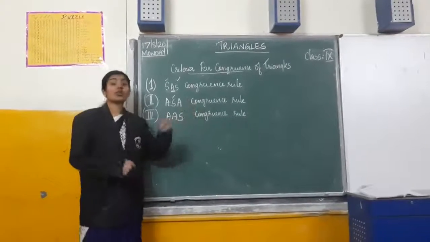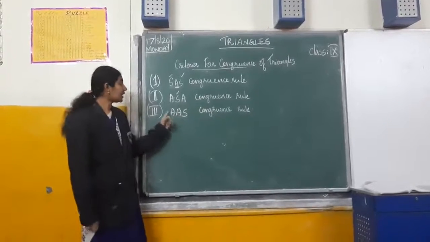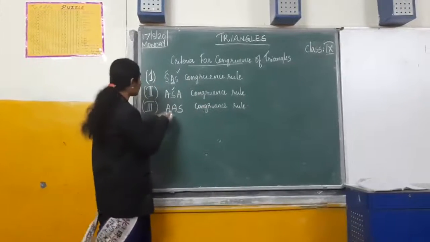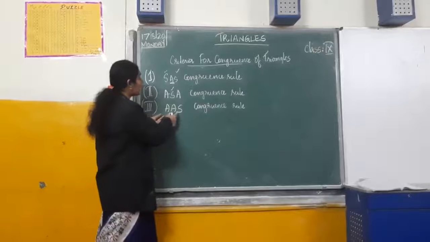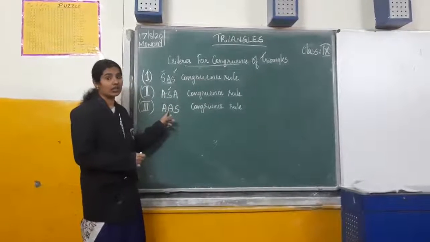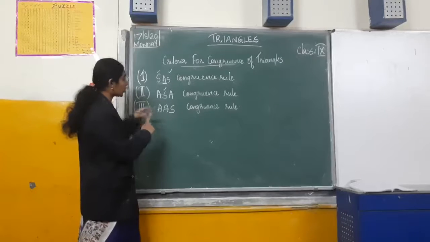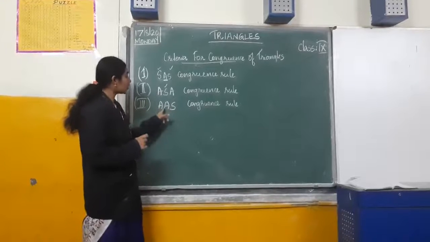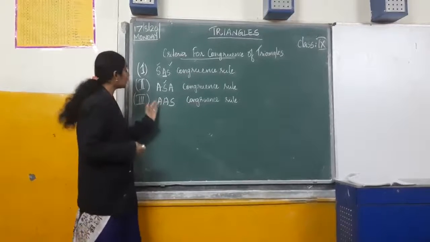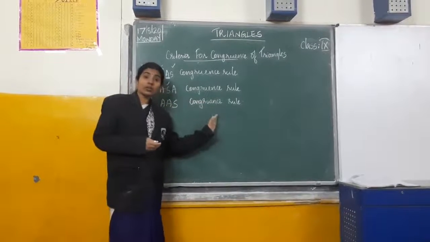Third rule for congruence. What is that? AAS congruence rule. In this given name, you can see two angles, but the side S is not included between these two angles, isn't it? You should see two angles and S is not included. It is not between these two angles. So what is meant by AAS congruence rule?